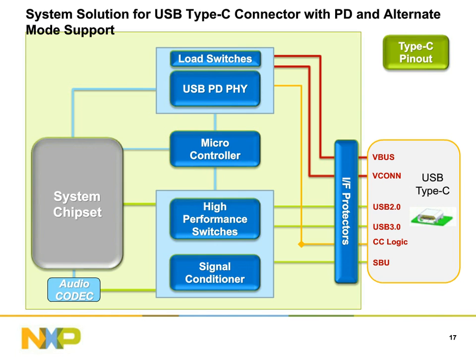Now lastly, I do want to introduce one more block here, and that is authentication. What authentication does is it gives you the ability to identify what is plugged in on the other side. So what an authentication IC does is ensure the safety of the devices connected over the Type-C connector.